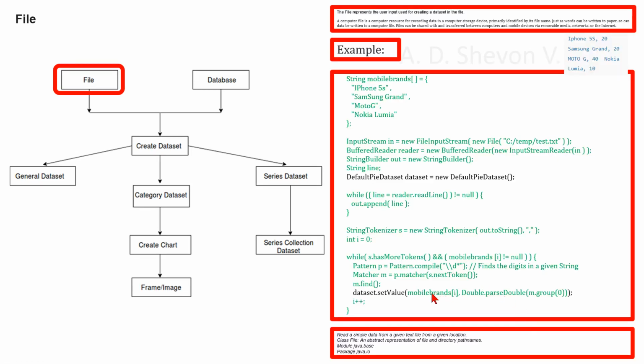As an example, we can consider this code segment. Here it reads a simple data from a given text file from a given location.